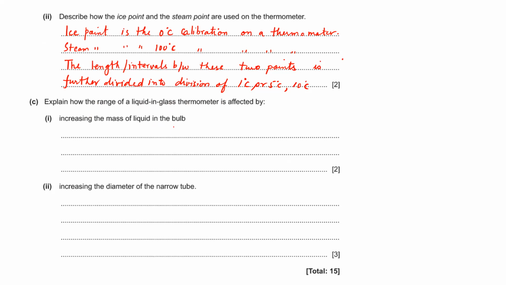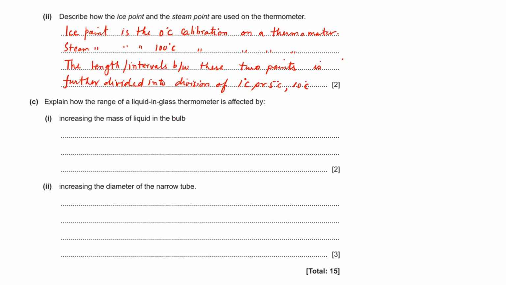So remember, if we increase the mass of the liquid, the overall range will decrease, because we have more mass available, and in case of rise in temperature, we have more expansion of liquid into the tube.